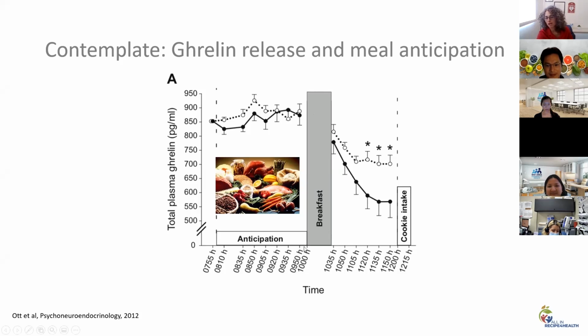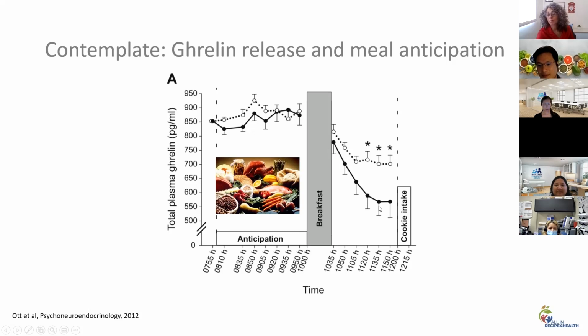But if you look at what the ghrelin did, and this is a measurement of ghrelin in both the groups, it was really different in the group that thought they were fasting as compared to the group that thought they were going to have breakfast. With the group that thought they were going to have breakfast, their ghrelin dropped off very rapidly and they felt full.